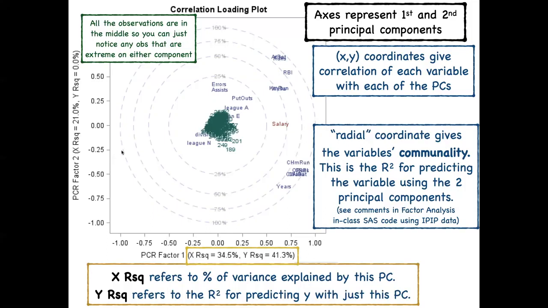Now, this correlation loading plot does not give you all of the information from even our principal component regression model, right? This only tells you about the first 2 components, because we can only plot in 2 dimensions. So it makes sense to show the first 2 because they have the most variance.